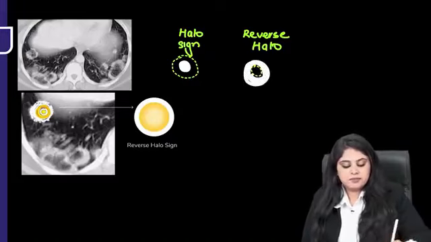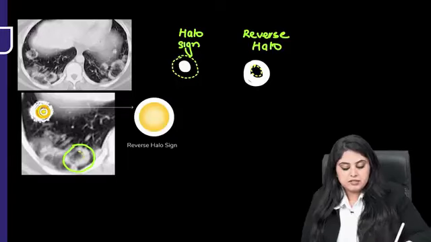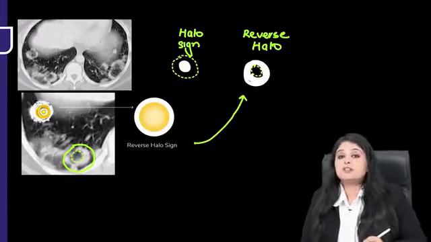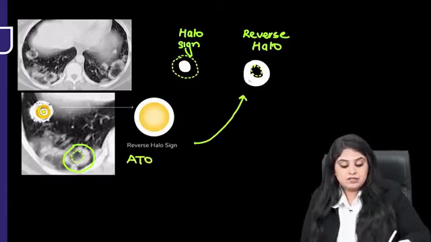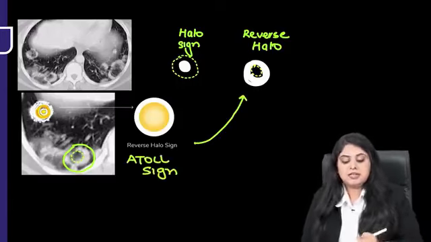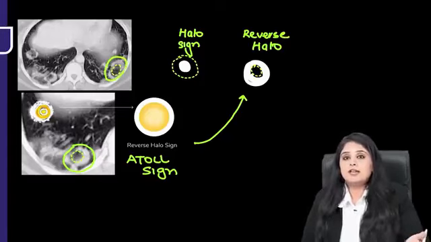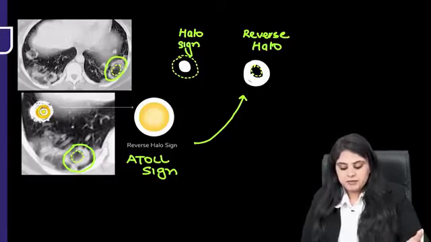So what does this look like? The periphery is very dark and the center is light. Halo or reverse halo? This is known as the reverse halo sign. These signs are also known as atoll signs. Tell me, what is this? The periphery is very dark and the center is a little lighter. So these are all reverse halo or atoll signs.